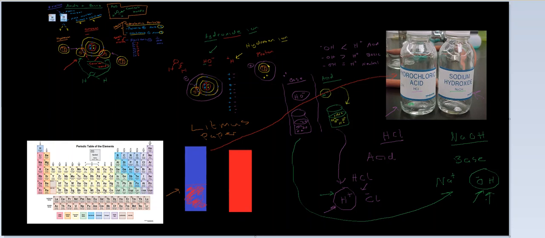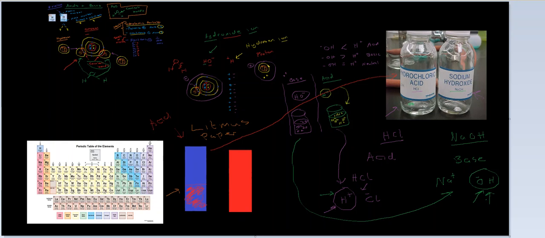And then if you were to take the opposite, with a base, so that's an acid, we'll just write this beside it: an acid will turn blue litmus paper red.